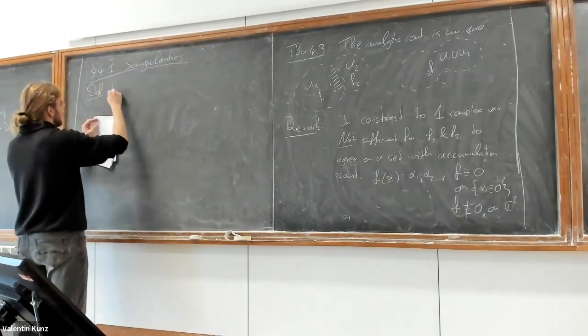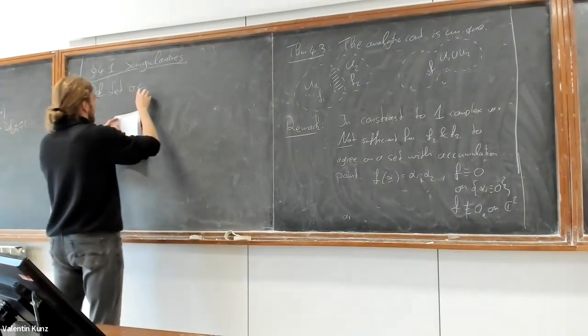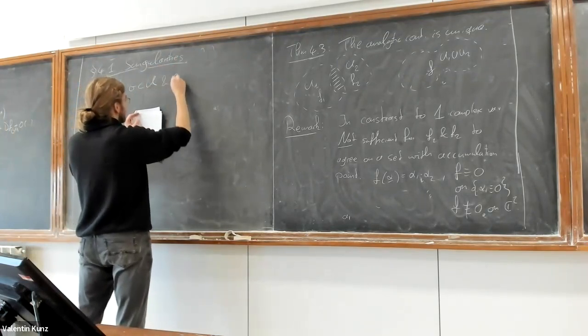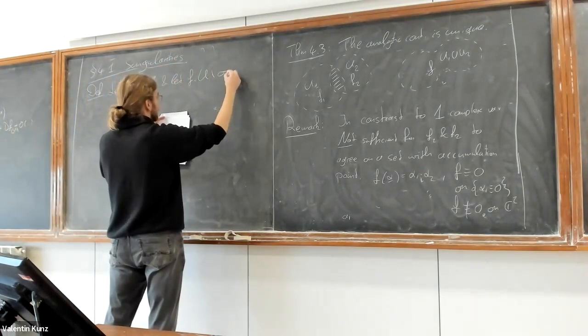So, definition. Let Sigma be a subset of U, and let F be a holomorphic function from U without Sigma.